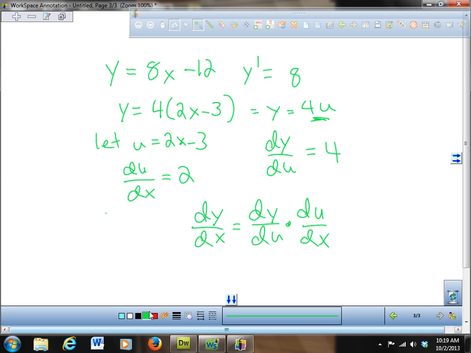Do you see there's some algebra here? What would cancel out here? The du's. So what this says is, if you have a composite function, the derivative is the derivative of the outside function times the derivative of the inside.